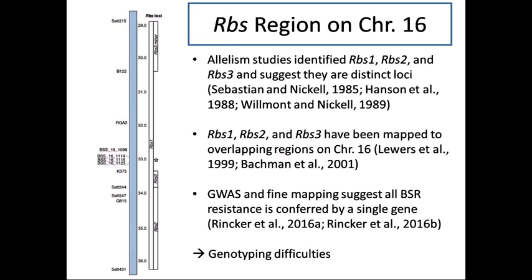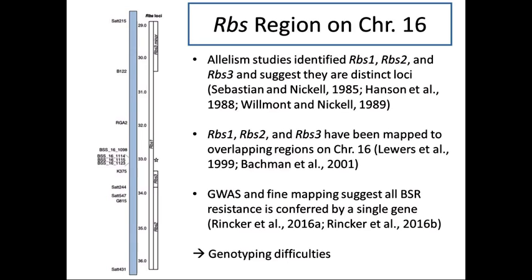And as if it weren't confusing enough, there were 2 studies recently published by Rinkner in 2016. One was a GWAS study and the other was a fine mapping study. Based on the results of these 2 studies combined, he suggested that all BSR resistance is actually conferred by one single gene, located here at the star.